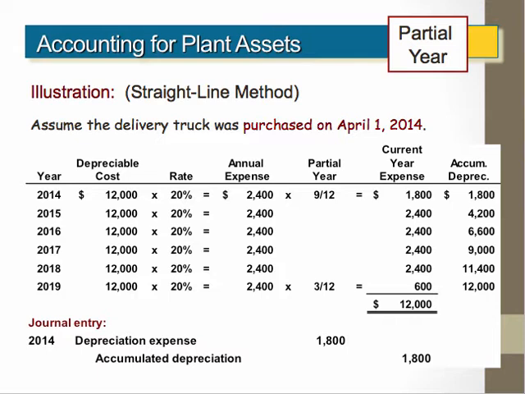The remaining 3/12, or $600, would be depreciated at the end of its useful life in 2019. So the journal entry for 2014 would be debit depreciation expense for $1,800, credit accumulated depreciation for $1,800. We would take the $2,400 each year for the rest of the years until 2019.